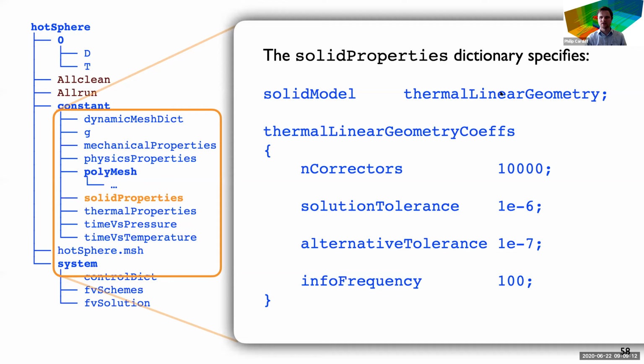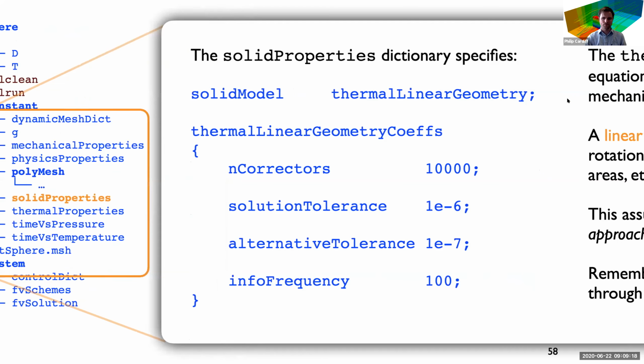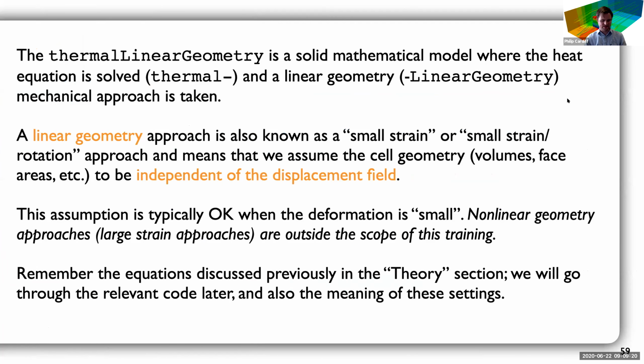Thermal because we're solving for temperature, linear geometry because it's small strain. And here's a simple definition of linear geometry in small strain. I know I'm going a bit fast through some of these text-heavy slides, but these slides are also going to operate more as a reference for anyone wanting to go back over this.